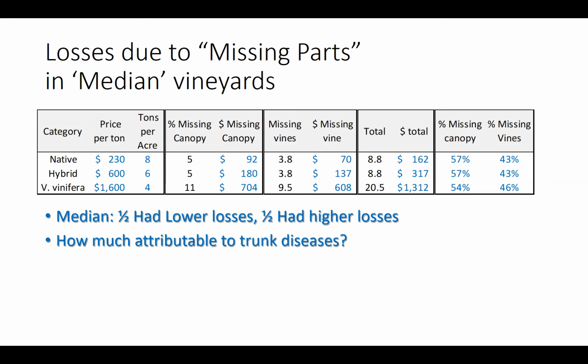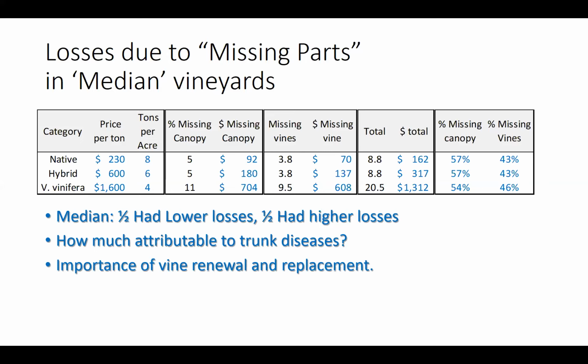I find it somewhat encouraging that we have Concord blocks that are 70, 80 years old, and they appear to still be very productive in spite of all the time that's allowed them to develop these things and allow the diseases to grow. But there's other things that certainly contributed to the missing canopy that we found.